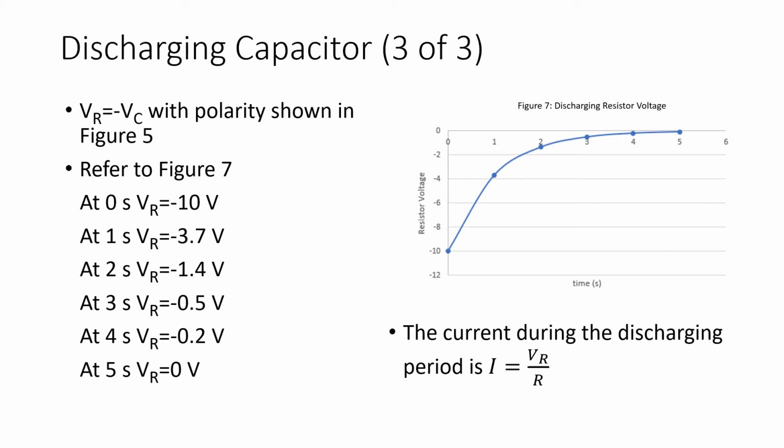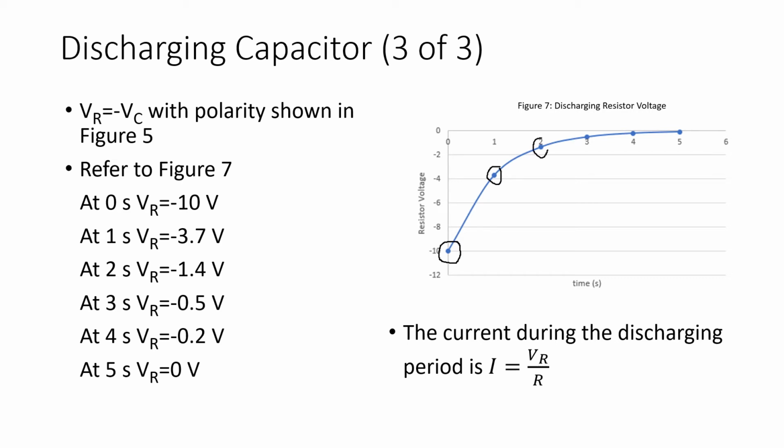So referring to figure 7, which shows us a plot of the resistor voltage as a function of time, the instant the switch is placed in position 2, the resistor voltage is negative 10 volts. 1 second after the switch is placed in position 2, the resistor voltage is negative 3.7.